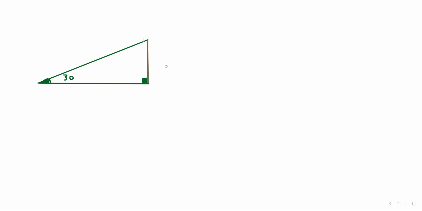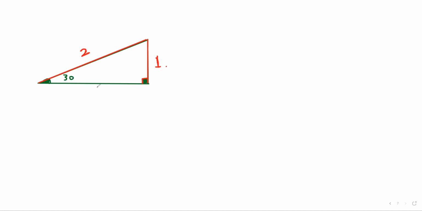If you assume this side is 1, why did I assume 1? Because 1 is the simplest number we can take in ratios. You would get 2 in the hypotenuse because it's a ratio.